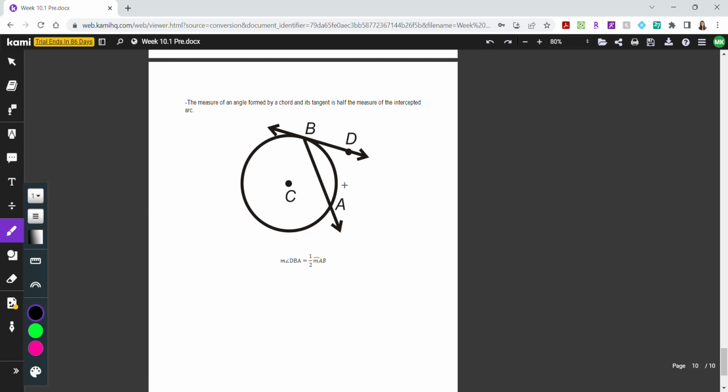Let's say we know that the measure of arc AB is 100 degrees. That means the measure of angle DBA is going to be 50, because this is 100 and this is going to be half of it. We're just going to do 100 divided by 2 to get 50. We would use this information to be able to find either this or this, given that it's a tangent and a chord.